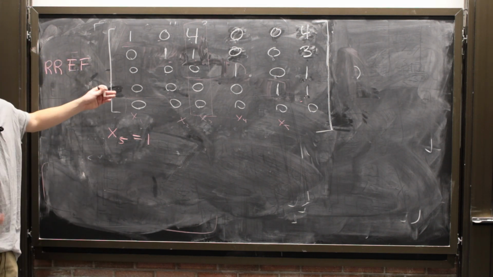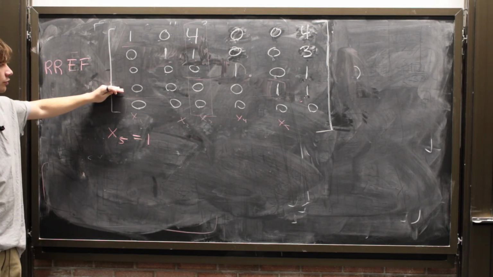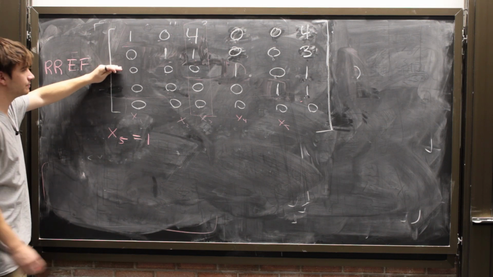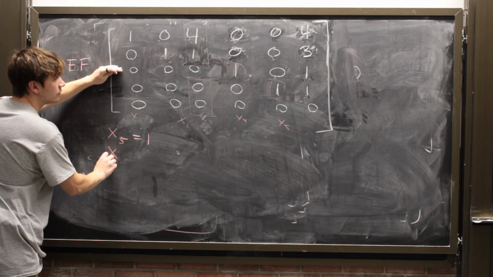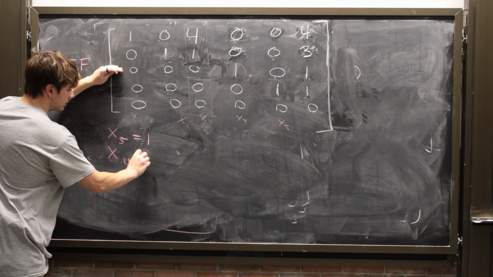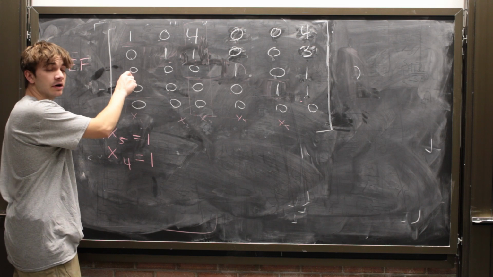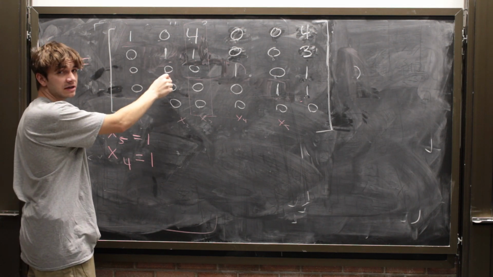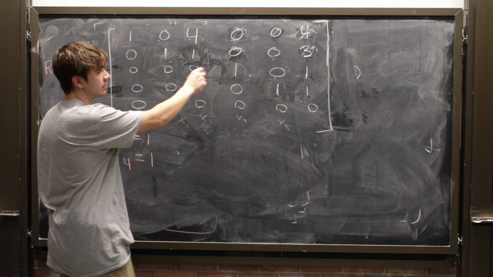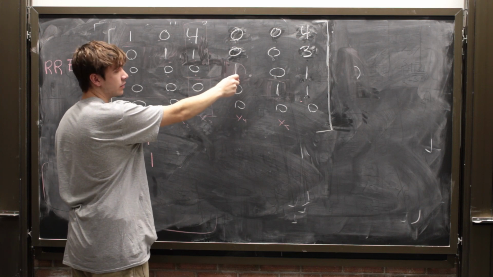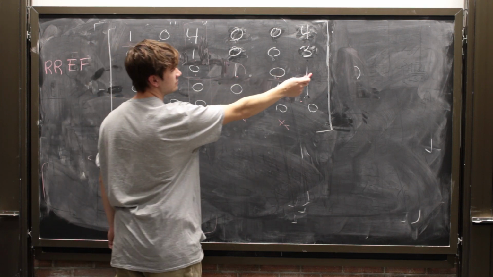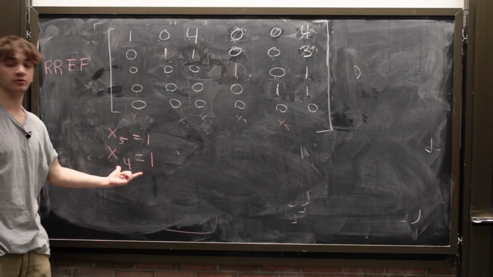Now, not the bottom row, but the fourth row. Now the third row tells me x4 is equal to 1. Do you see how I'm getting this? So this is just 0 times x1 plus 0 times x2 plus 0 times x3 plus 1 times x4 plus 0 times x5 is equal to 1. So that just means x4 is equal to 1.